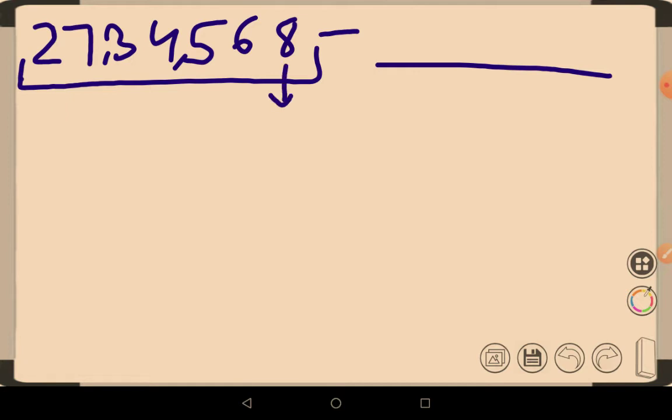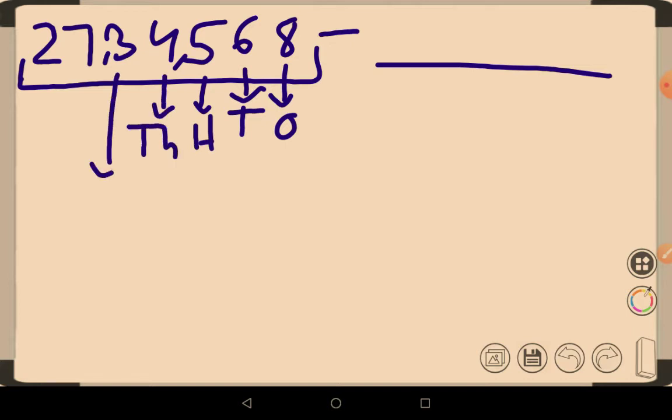Please read the values: 8 ones, 6 tens, 5 hundreds, 4 thousands, 3 ten thousands, 7 lakhs, 2 ten lakhs. These are the values of the number.